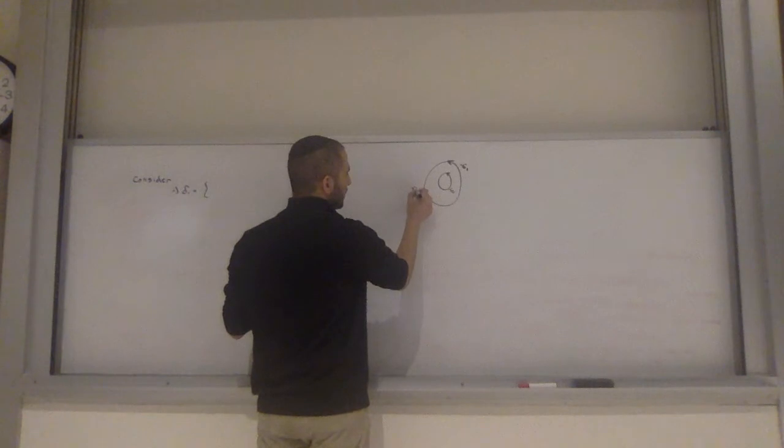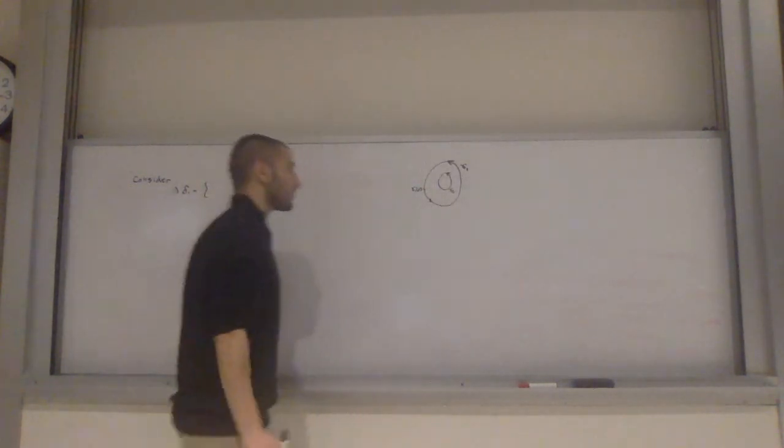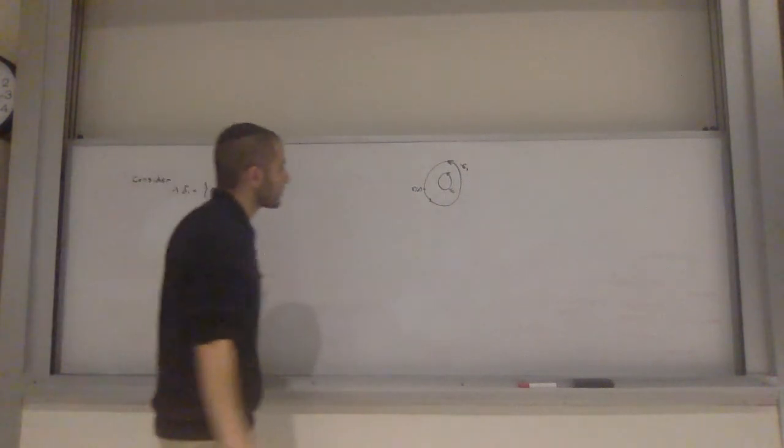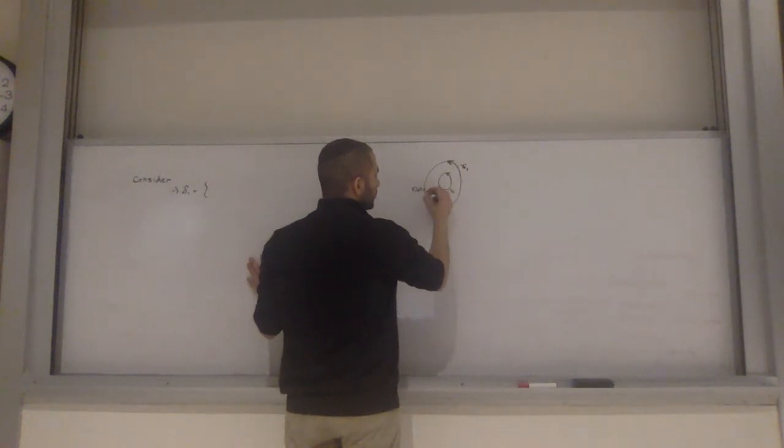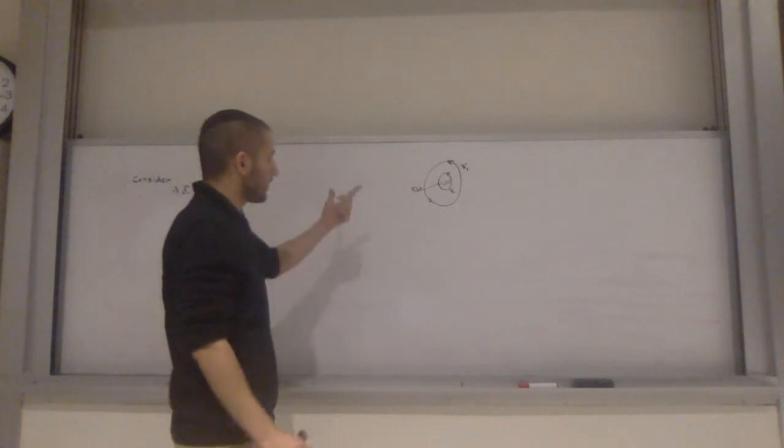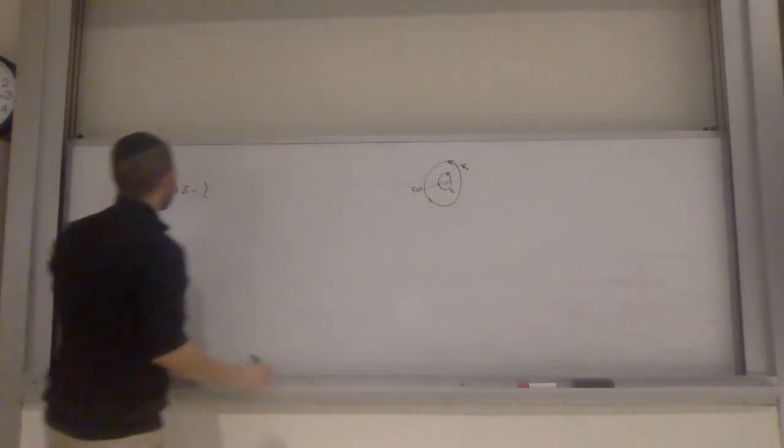So this is gamma 1 of 0, and it goes in this direction. So define delta 1 to be the shortest path connecting gamma 1 of 0 to gamma 2 of 0. And let's say, without loss of generality, gamma 2 of 0 is right there.